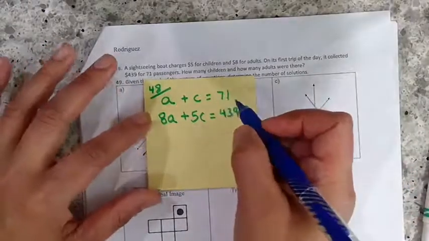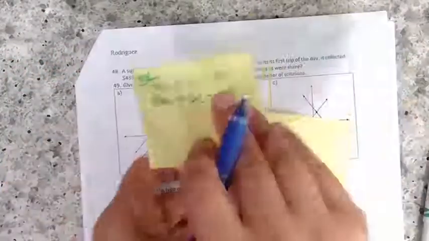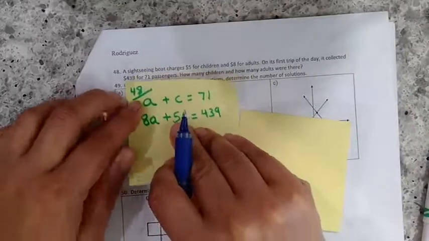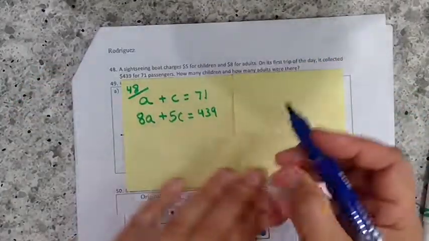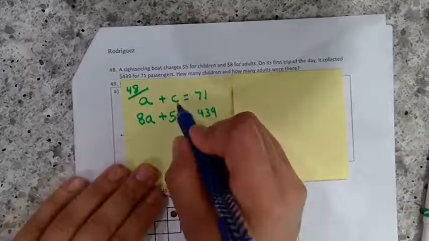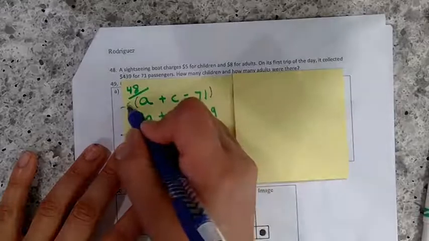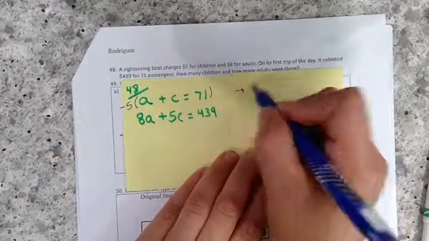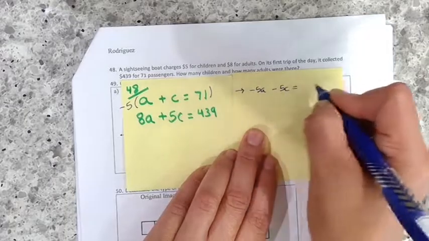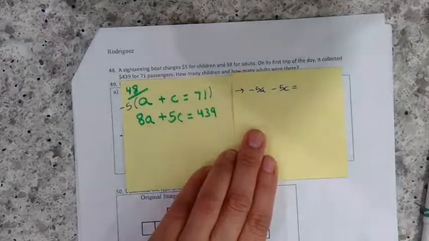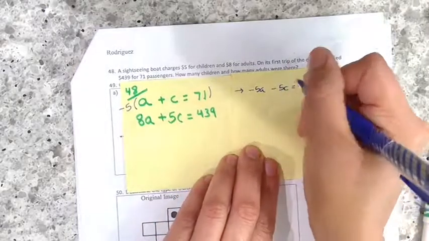Now, solving this, it's a system, so you could use substitution or elimination. I'm just going to go ahead and multiply this one by -5. So this now becomes 71 times -5.